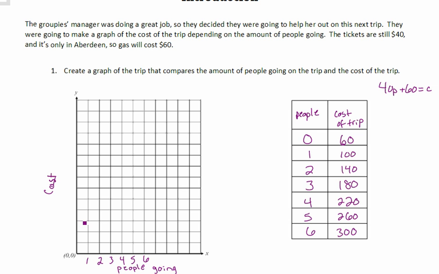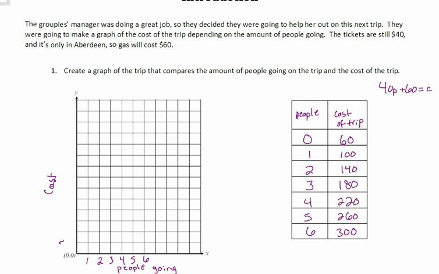So 10, 20, 30, 40, 50, 60, 70, 80, 90, 100 is not going to work. 2, 4, 6, 8 is not going to work either. So unfortunately, it looks like, oh, I don't know.